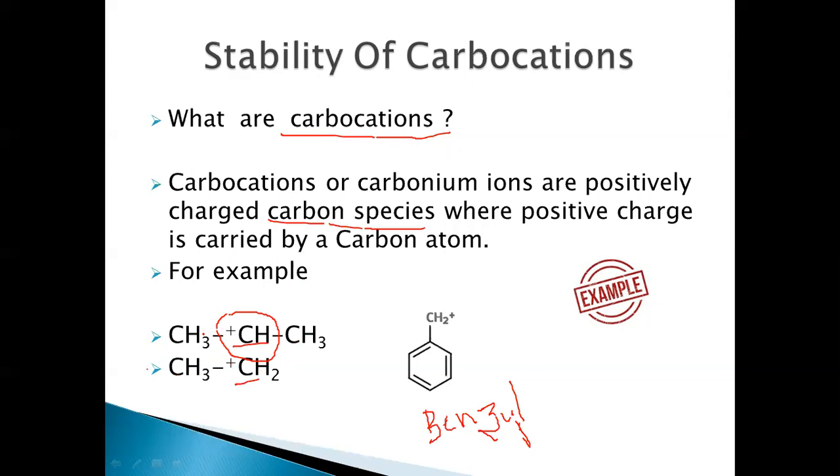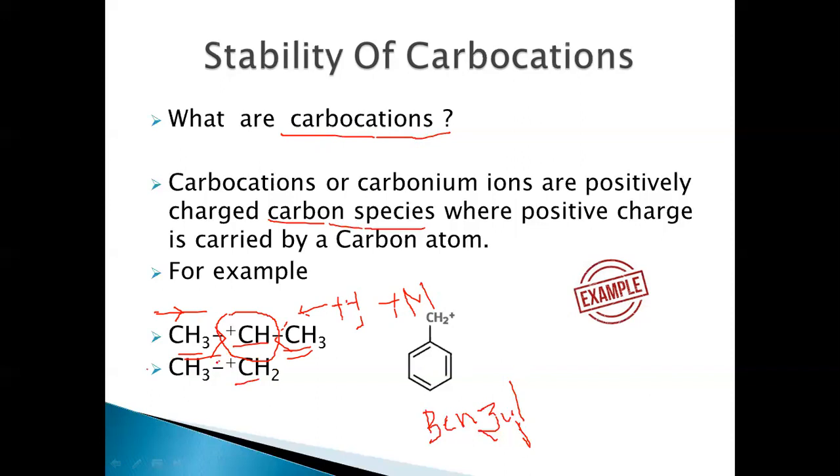This happens when there are plus I or plus M effect groups. In this example, this CH3 is a plus I group, it will donate electrons onto the positively charged carbon species. Thus, in turn, it is sharing the positive charge on this carbon, so its stability is increased.